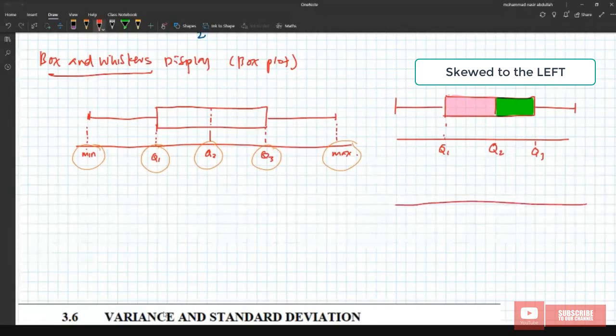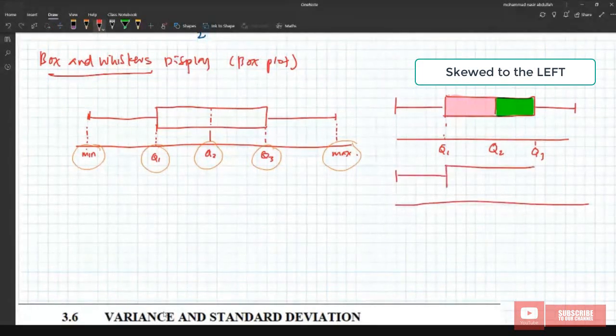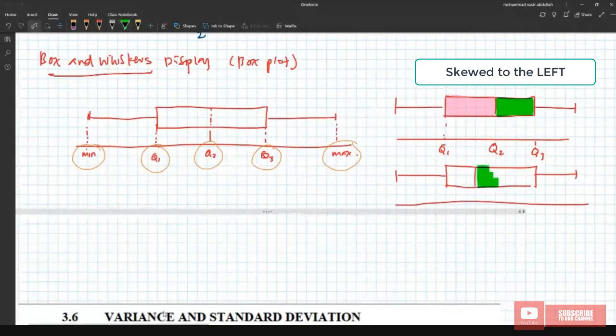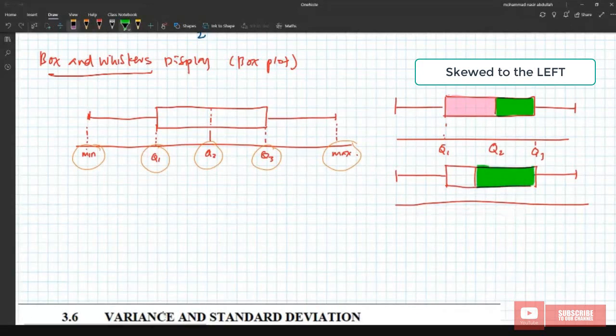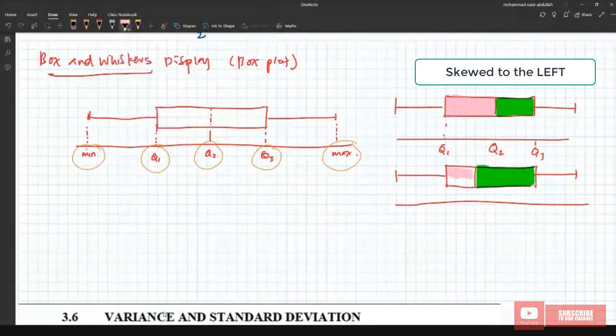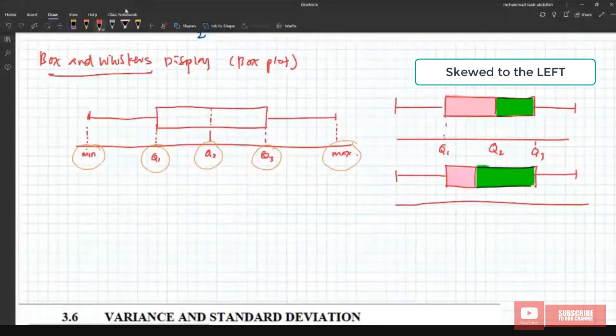On the other hand, if we see another pattern where the area on the right hand side is bigger than the area on the left hand side, this is what we call a skewed to the right distribution. So you can see the area on the right hand side is bigger than the area on the left hand side.